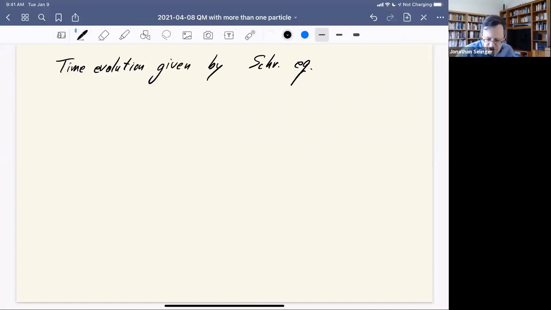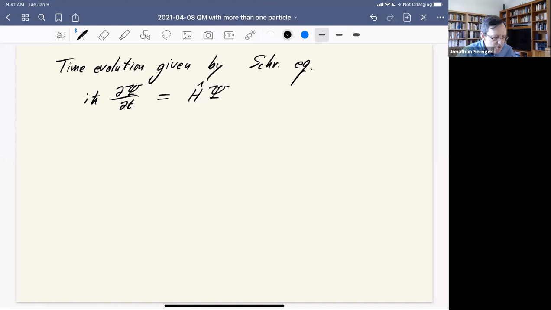And so that says, as it always says, that i h bar times the time derivative of the wave function is equal to the Hamiltonian acting on the wave function. That's the Schrödinger equation in general for any kind of system.